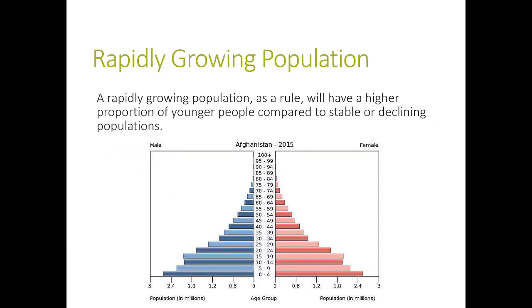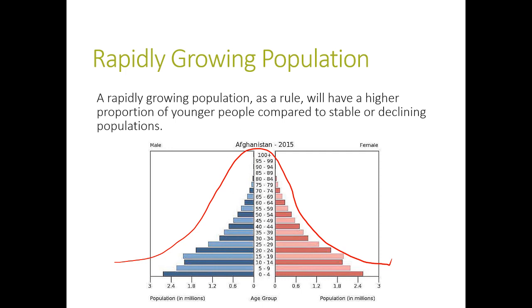So for rapidly growing populations, as a rule, they'll have a higher proportion of younger people compared to stable or declining populations. So like I said, it kind of looks like a very skinny parabola at the top and very wide on the bottom. It almost looks like a normal distribution curve, right? Where you get this nice high amount of young people and low amount of older people.